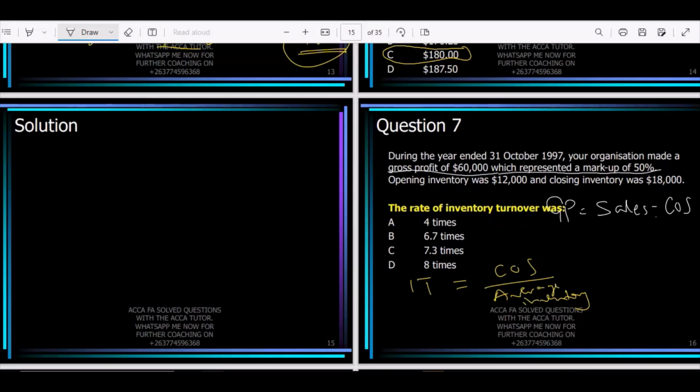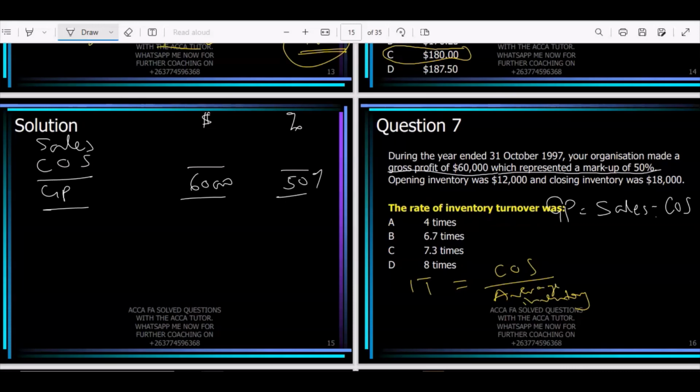All right, so we can have a table like this: sales less cost of sales. All right, the sales figure is there, the percentage is there, and then we get what we call the gross profit, okay, as our figure. All right, and we are told that the gross profit is 60,000, and this is representing 50%.